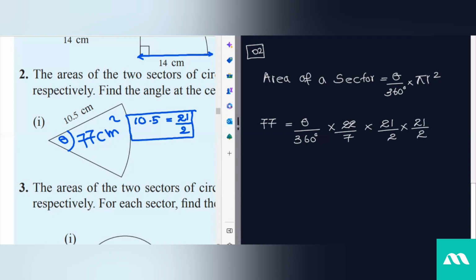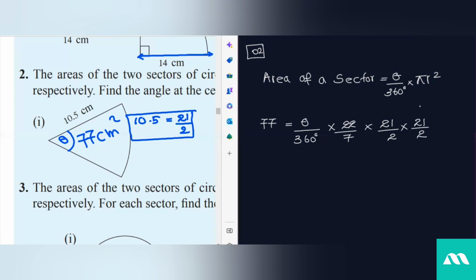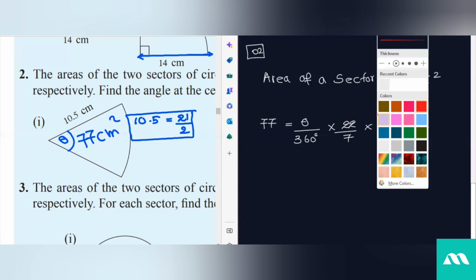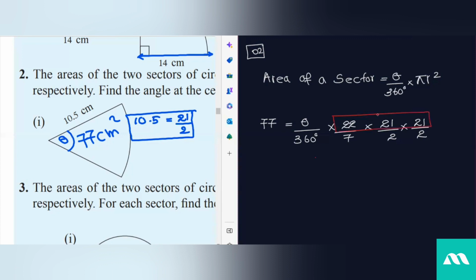Then after, to find the theta, what you have to do is, first of all, take all the numerator values and take them to the denominator of the other side. And all the denominator values take to the numerator of the other side.